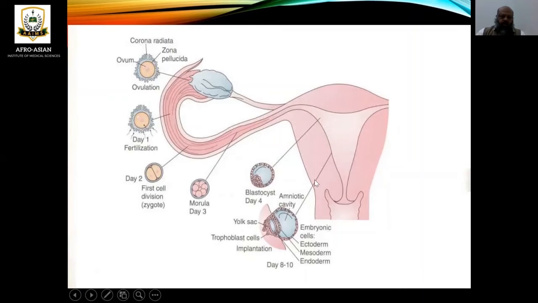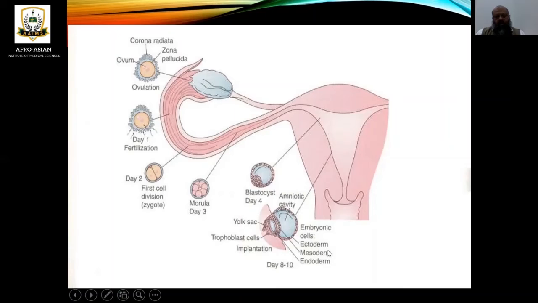When we look into the blastocyst, we can see structures like the amniotic cavity, and we have got a yolk sac, the primary yolk sac here, and trophoblastic cells, and it is implanted. This surface is the endometrial surface.